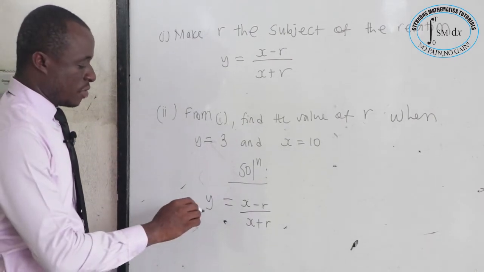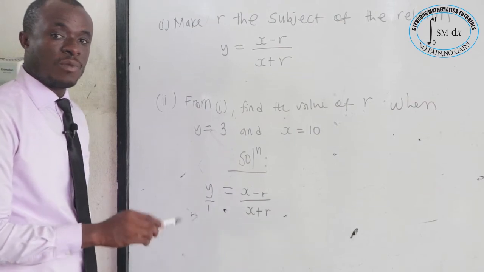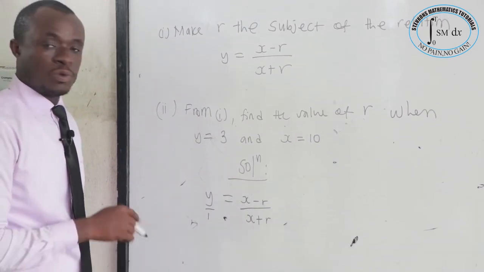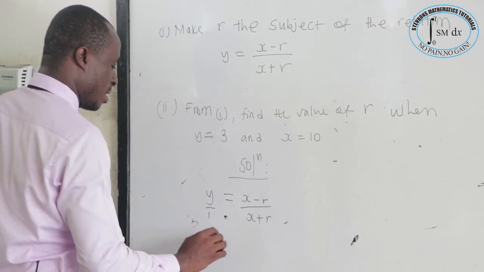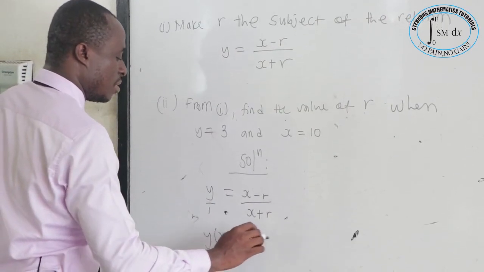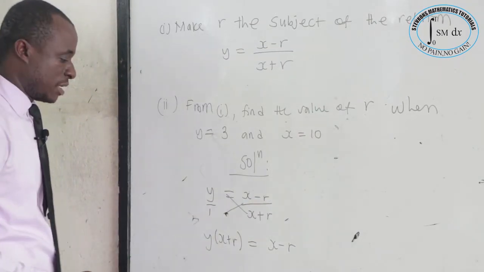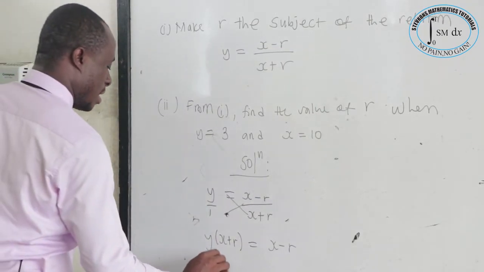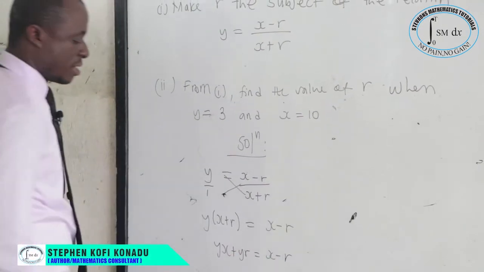We can consider the y also as y over 1, and this is of the form a over b equal to c over d. So what do we do? We cross multiply. So clearly you have y times x plus r equal to x minus r. Now we expand. We have yx plus yr equal to x minus r.